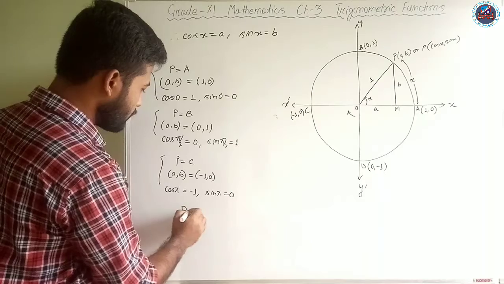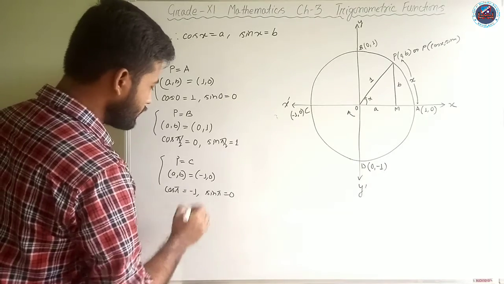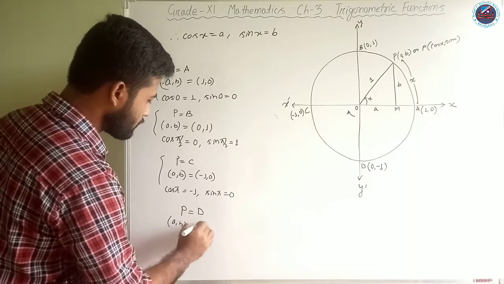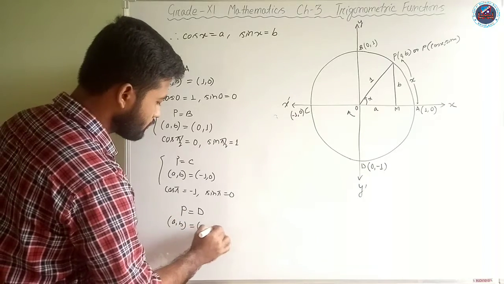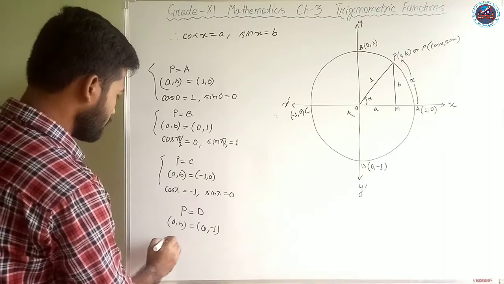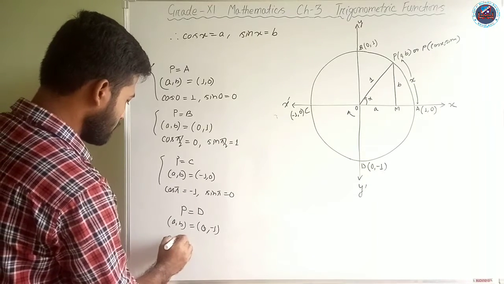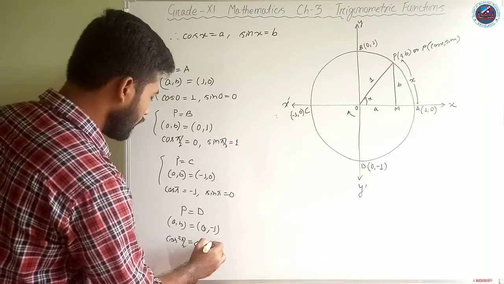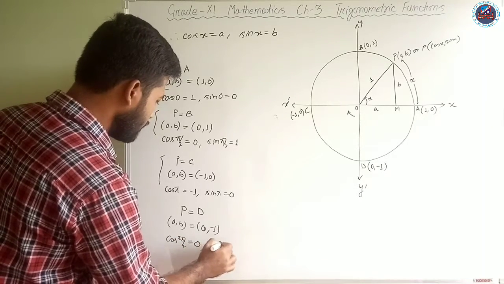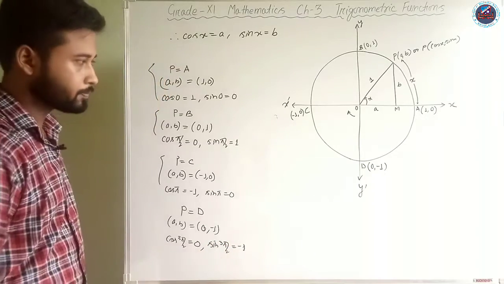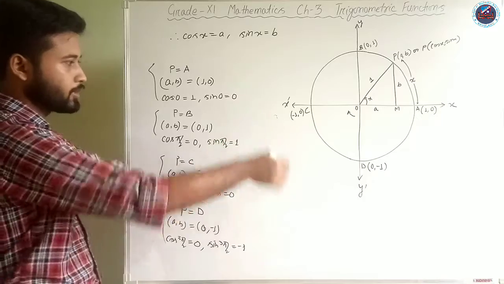And last, when P is equal to D at this point, then AB is equal to (0, -1), and cos 3 pi by 2 will be equal to 0, and sin 3 pi by 2 will be equal to minus 1. So these are the four things that we have got.